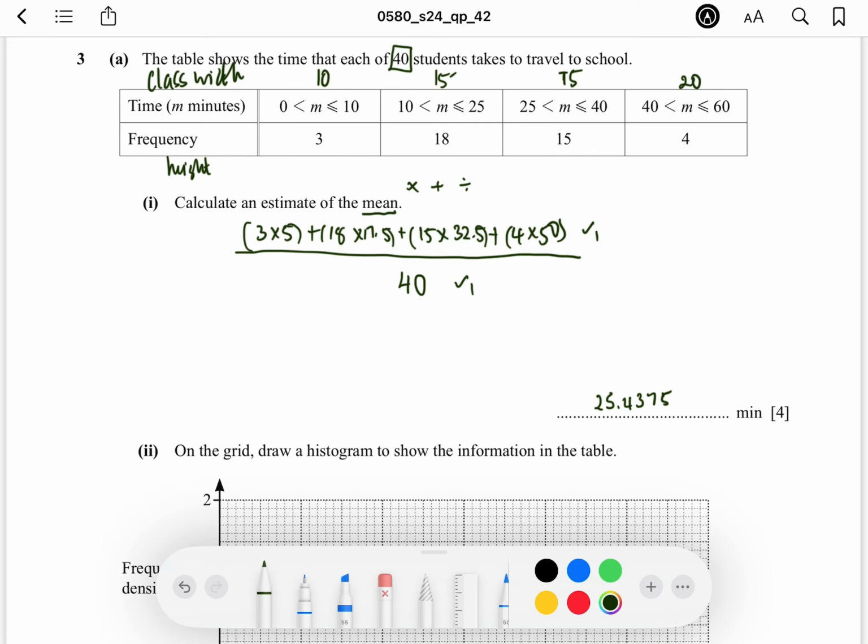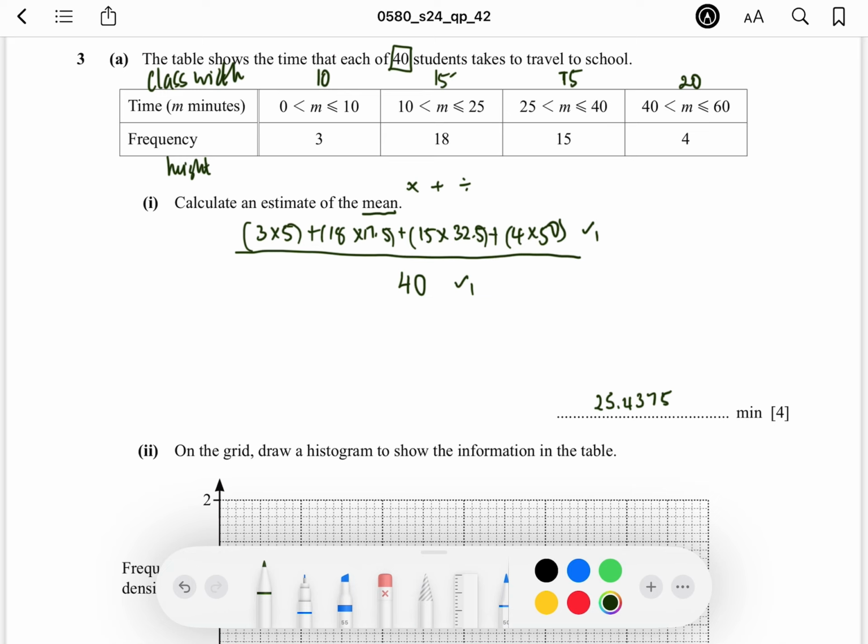So height times by class width equals to frequency ya. Okay, area of the bar. So artinya sini what do you divide? 3 divided by 10. Frequency divided by class width.